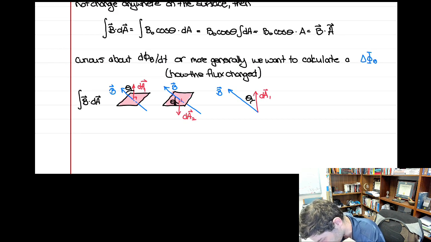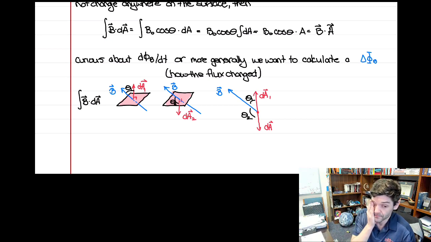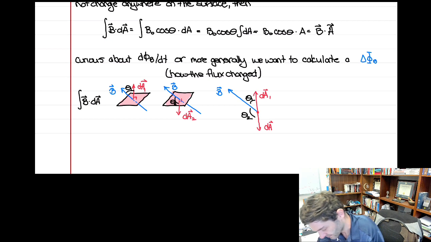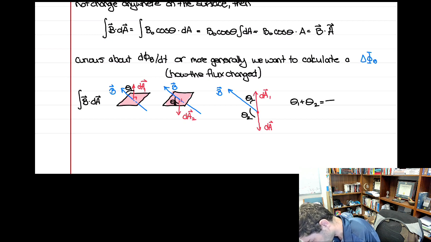And the other dA creates a different angle, theta 2. By advanced mathematics, it looks like those two better add up to 180 degrees, or pi radians.